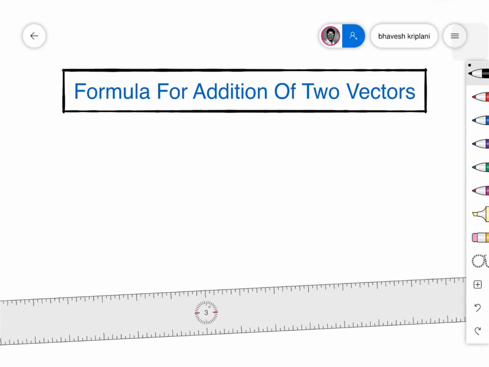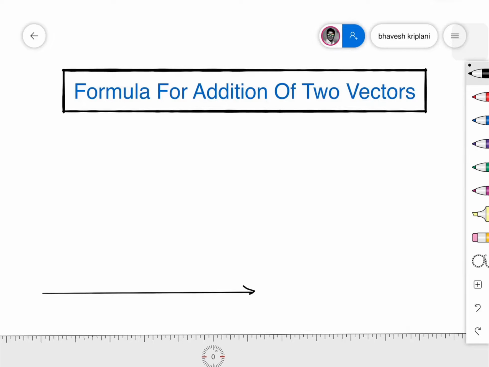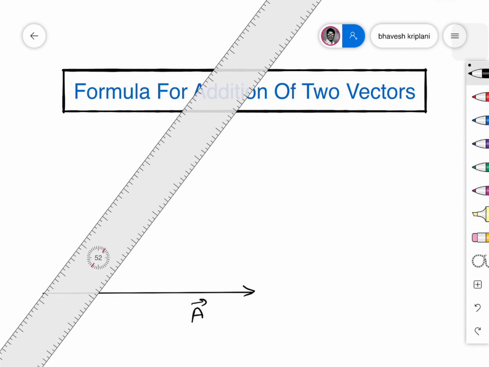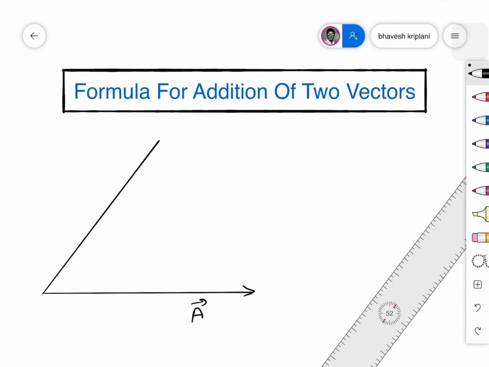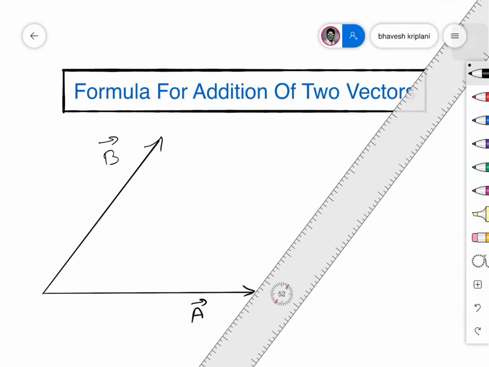Now let's find the formula for addition of two vectors. So we need to draw the vectors first. This will be our first vector. Let's call it vector A. Then from the tail of vector A, we draw the second vector. Let's call it vector B. Now we draw the parallelogram to find the addition of vectors.